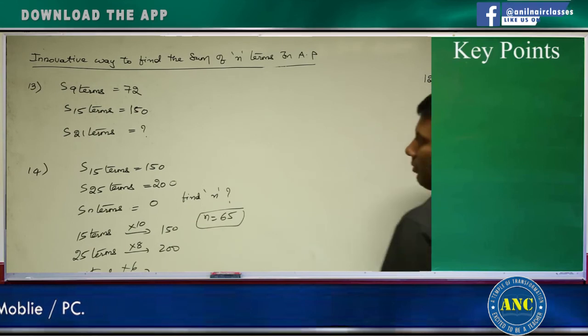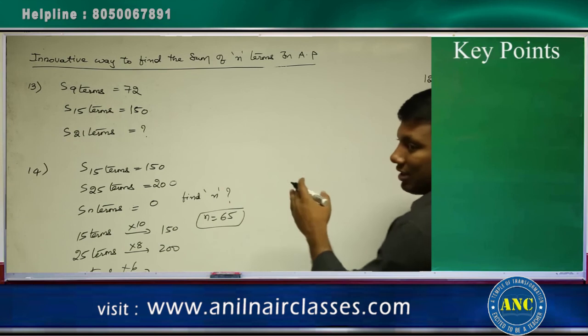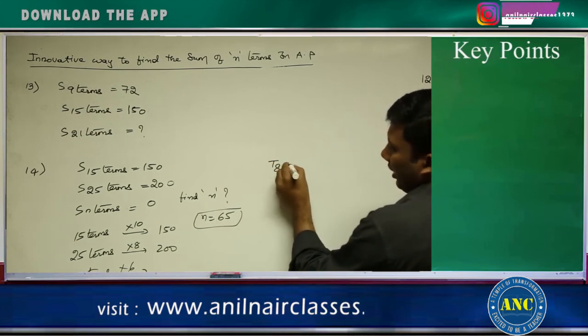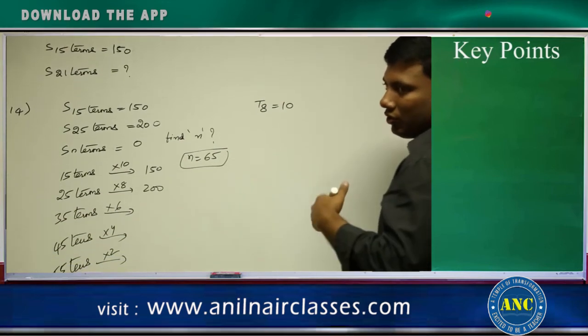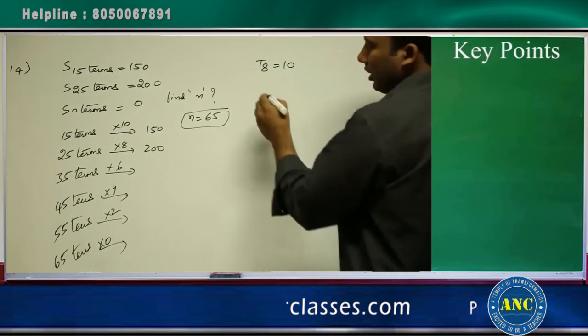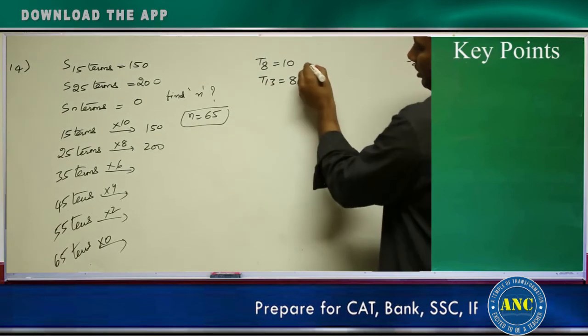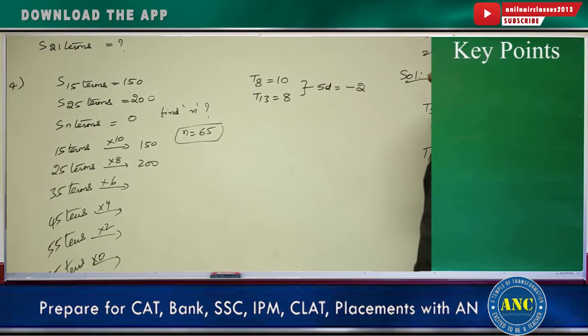Or if you want the optimal way: 15 terms is 150, 7 terms to the left, 7 terms to the right, T8 is 10. 25 terms is 200, 12 to the left, 12 to the right, T13 is 8. That means 5D has resulted in how much of a drop? -2.